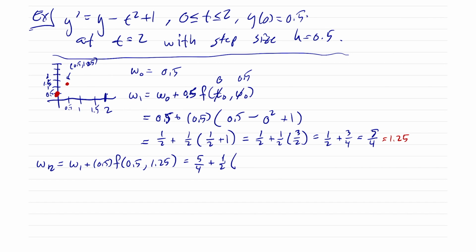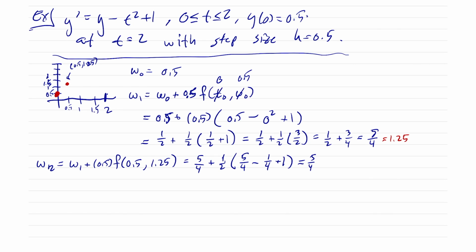And then putting in for y, it's going to be 5 quarters minus 1/2 squared, so it's going to be 1/4, and then plus 1. All right, this is still something we can do.